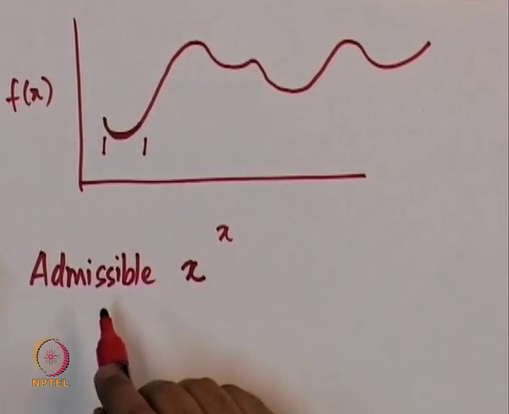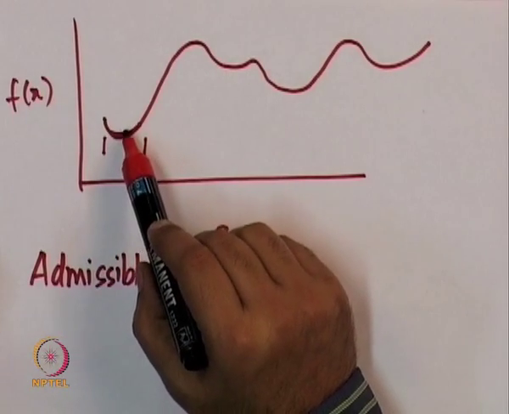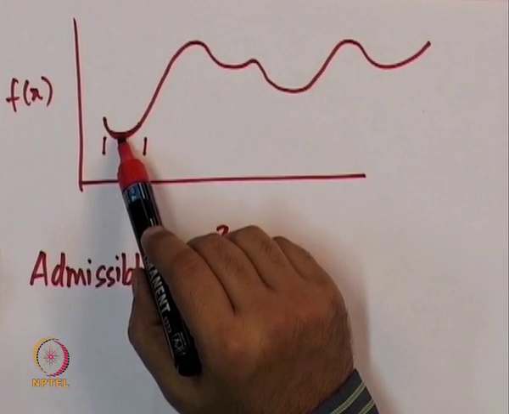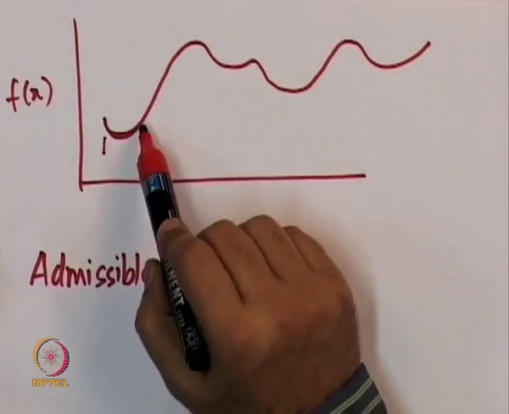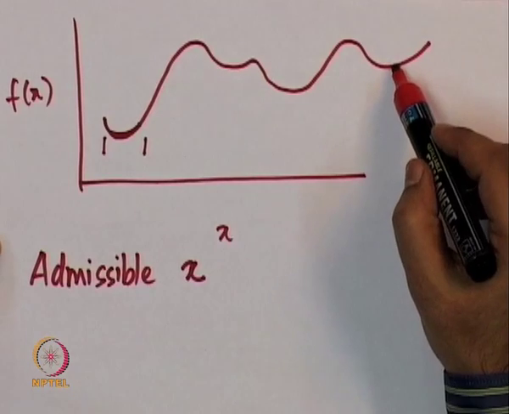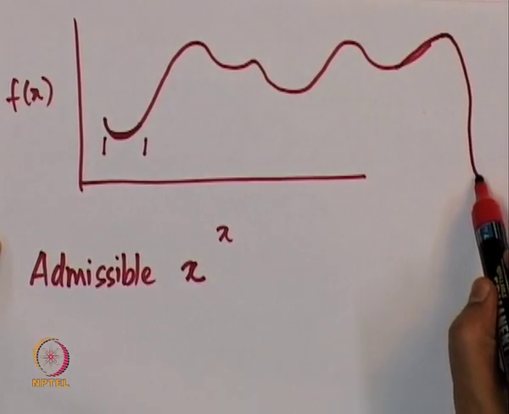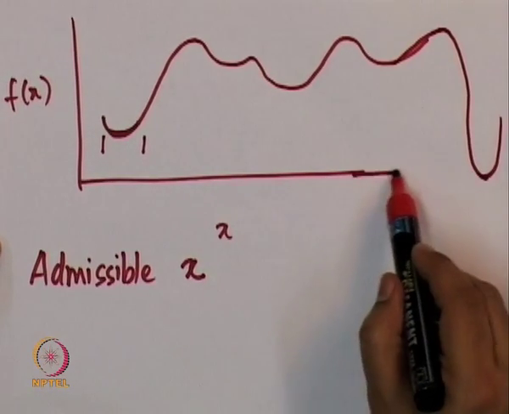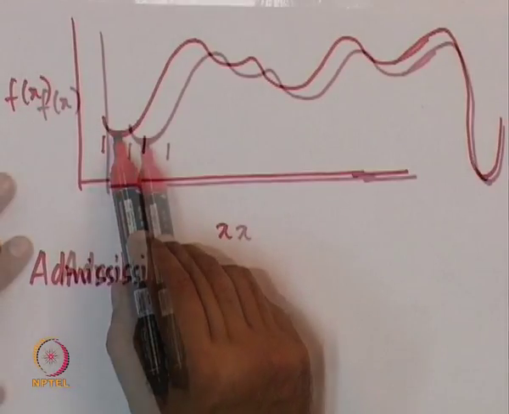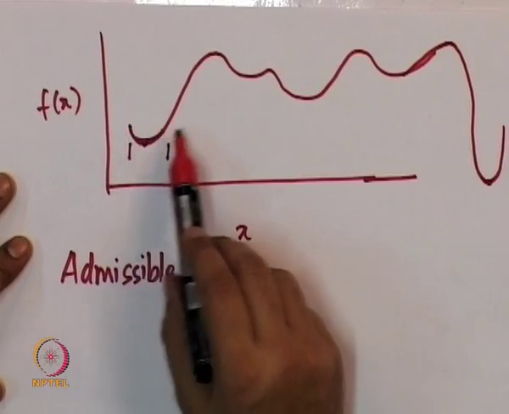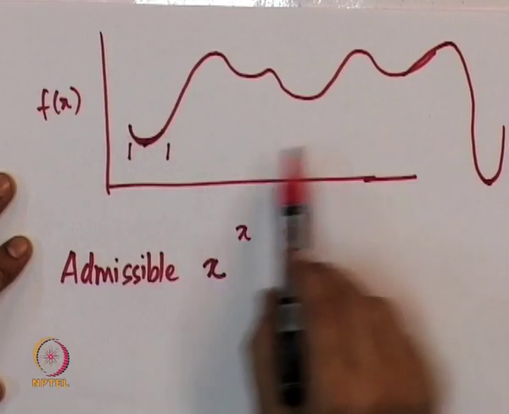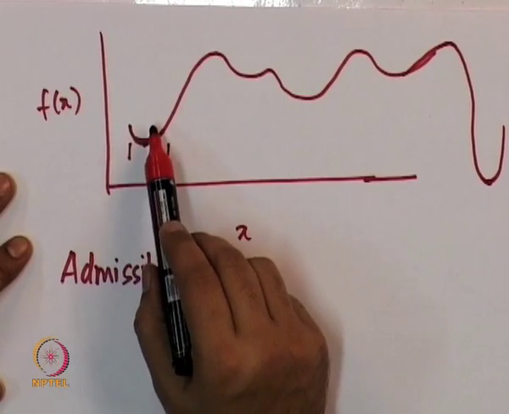If I am trying to see if this is a minima or maxima, I cannot do it by comparing with an x which is very far away, because it can so happen that this function goes somewhere below and then comes back. So, I cannot compare f of x at this A value with an x which is very far away. I should look in the vicinity.